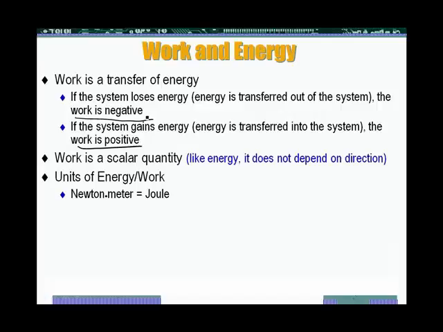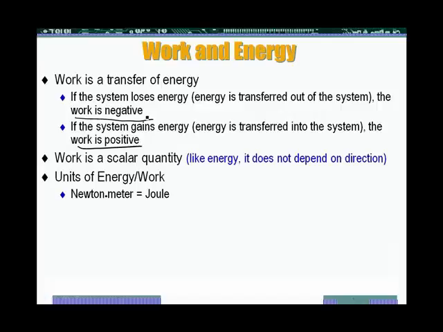Now, when we say work is a transfer of energy, it means that a difference between two energy levels would be equal to work. An energy final minus an energy initial would be equal to work. That's the meaning of the word transfer.